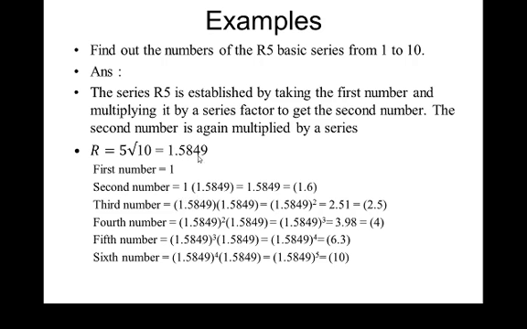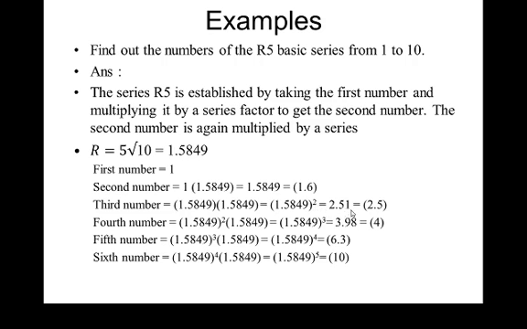Now 1 into 1.5849 gives the second number, which is 1.5849, approximately 1.6. Then the third number is 1.5849 raised to the power of 3 minus 1, that is, raised to 2.